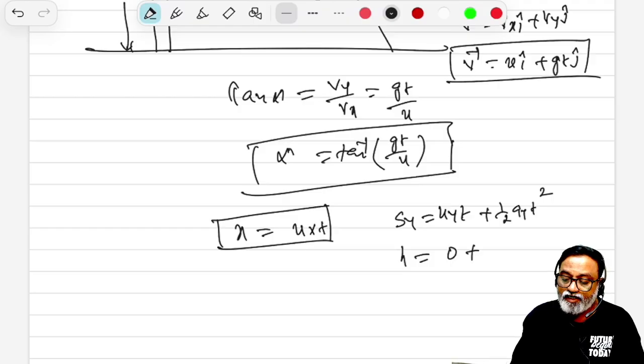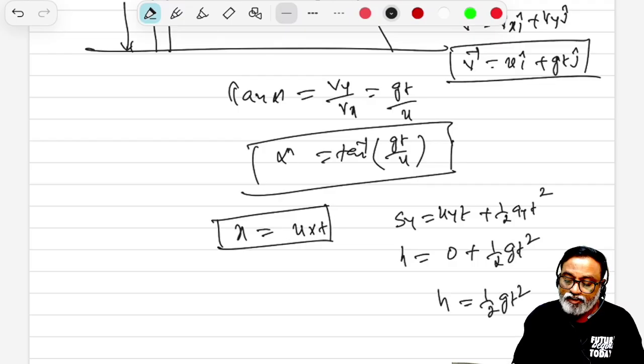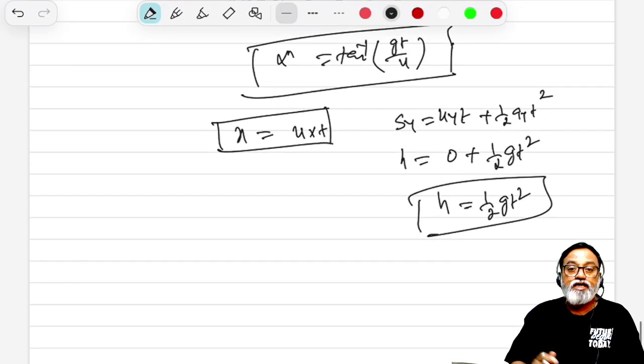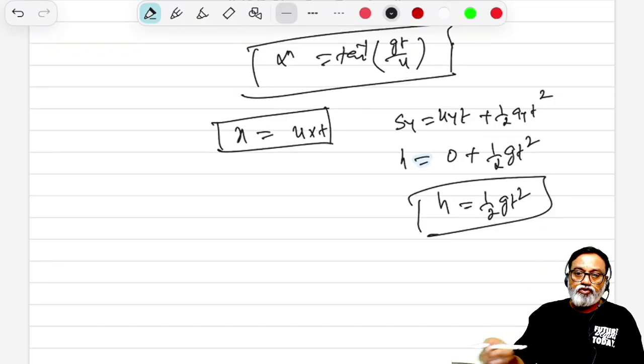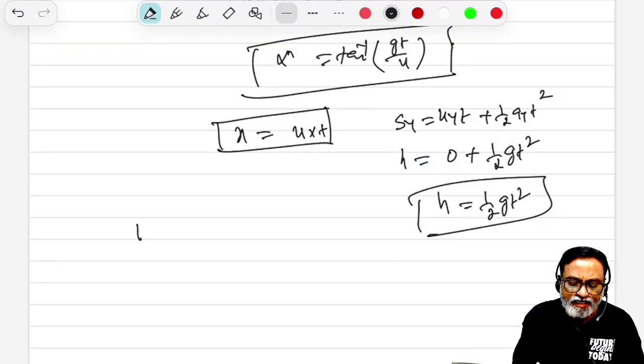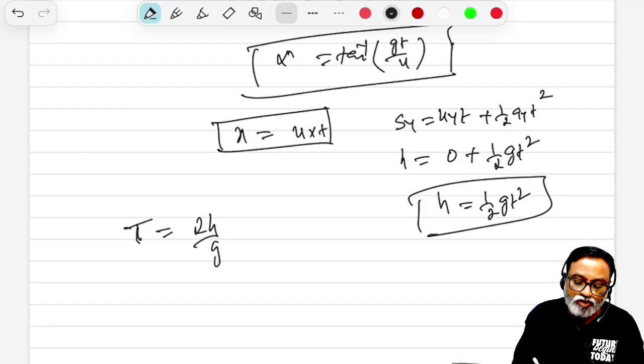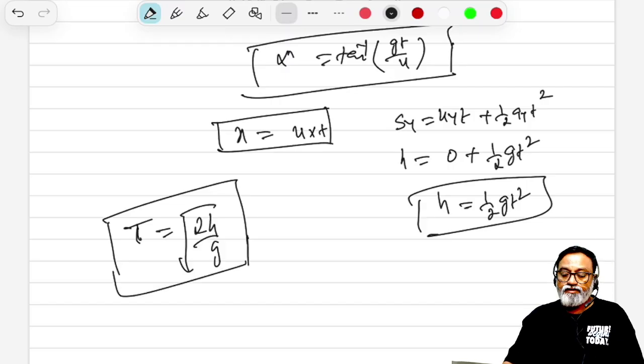Initial velocity is 0 in vertical direction. This is half g t square. Therefore, h is equal to half g t square. From this, the time taken from point of projection to reach the ground, that we can take as the time of flight. Therefore, t is equal to square root of 2h by g. This is the time of flight.